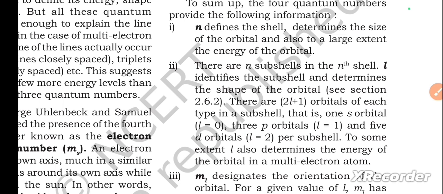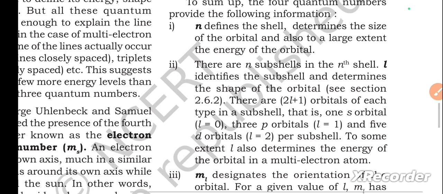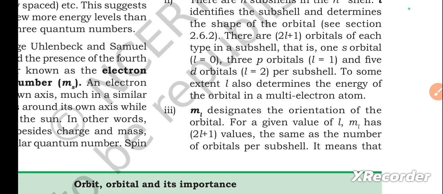There are 2l plus 1 orbitals of each type of subshell. That is, 1 s orbital, l equals 0; 3 p orbitals, l equals 1; and 5 d orbitals, l equals 2, per subshell. To some extent, l also determines the energy of the orbital in a multi-electron atom.